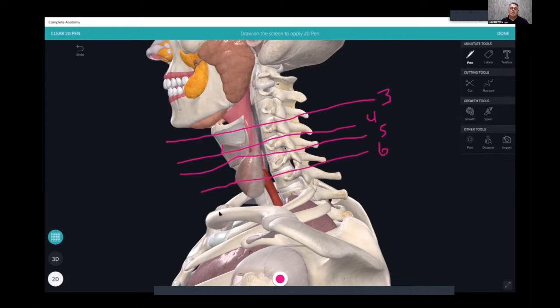We drop down a little further distally. Again, the sternal notch sitting right here at the junction at the upper end of the sternum, the manubrium, where that orientation will be relative to the spinous process of T2.